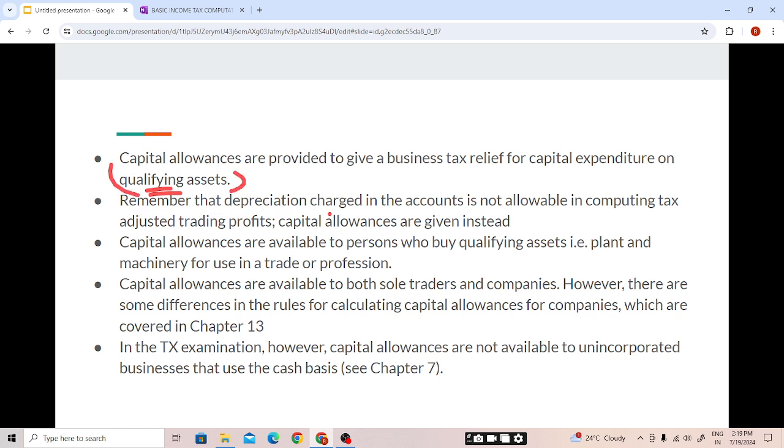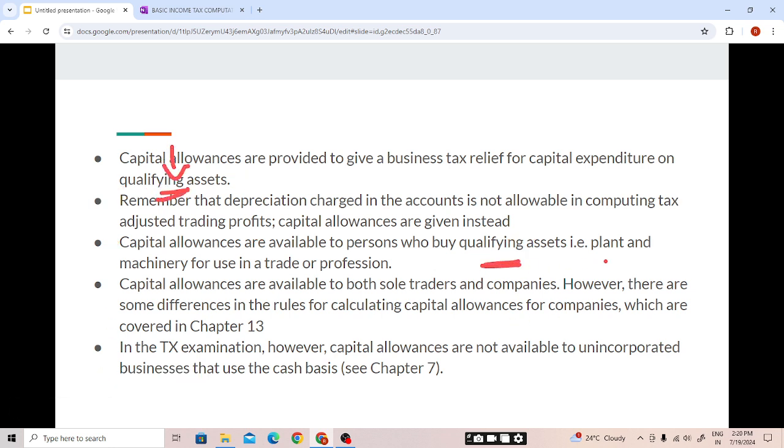Remember that depreciation charged in the accounts is not allowable in computing tax adjusted trading profit. Capital allowances are given instead. We have covered this in a previous chapter. That is, depreciation will be disallowed, but capital allowance will be allowed. Capital allowances are available to persons who buy qualifying assets.